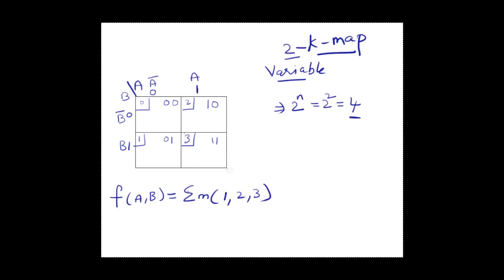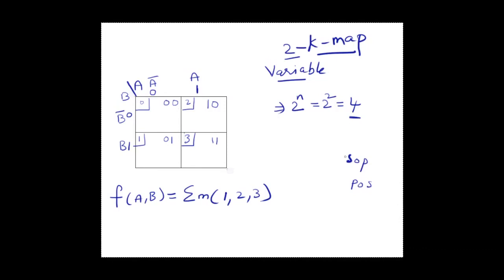Here, whenever you see summation and m, we can do the SOP form. You can solve this K-map using two methods: one is using SOP and the other is POS form. SOP is nothing but sum of products. POS is product of sums.